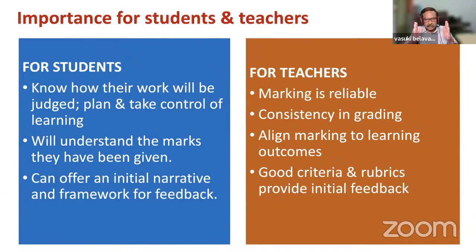If a student has adhered to the criteria and the rubric, then every student who has met those criteria or not met those criteria will be graded consistently. You are also aligning your marking to the learning outcomes. Remember, every assessment we said should be aligned to a certain outcome.